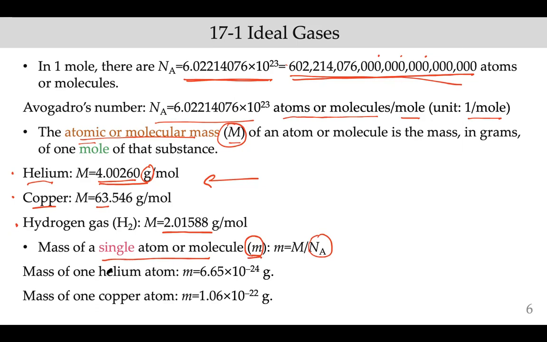So for example, mass of 1 helium atom: you take this value divided by the Avogadro's number, and it will be 6.65 times 10 to the negative 24th grams. And for copper, it would be this number. Just a reminder, if you ever have to use these values in formulas, SI units are kilograms, seconds, and meters, so we have to convert to kilograms.